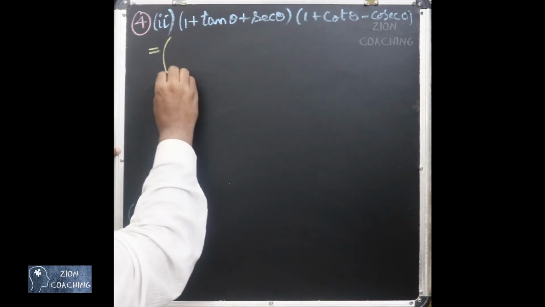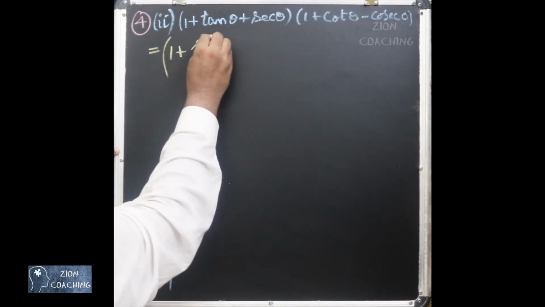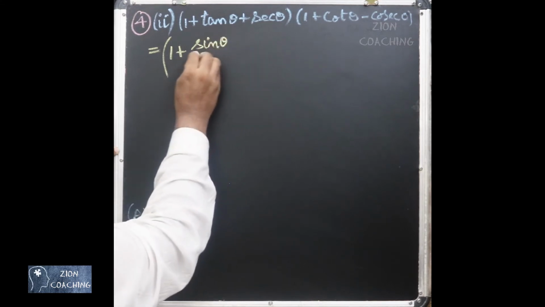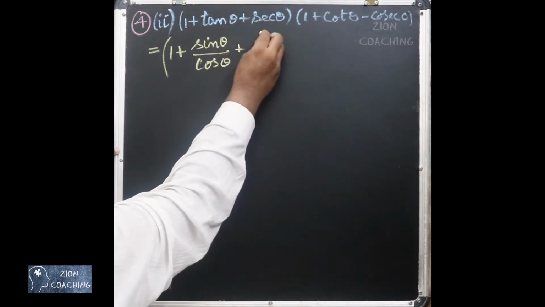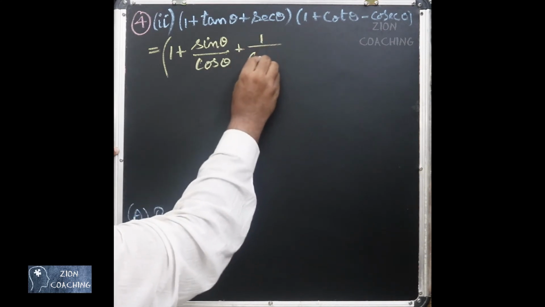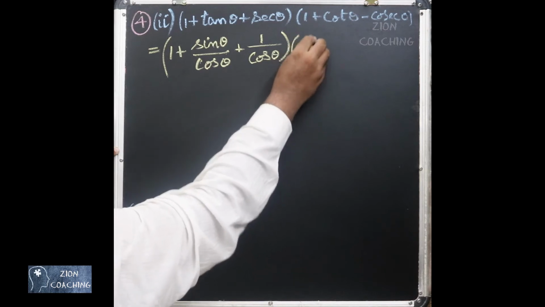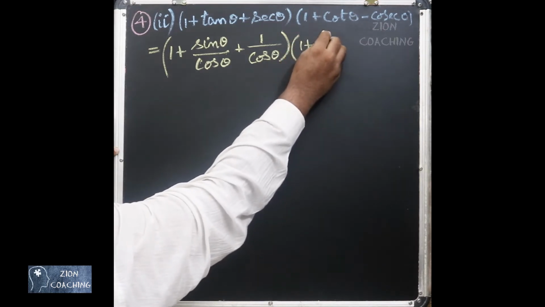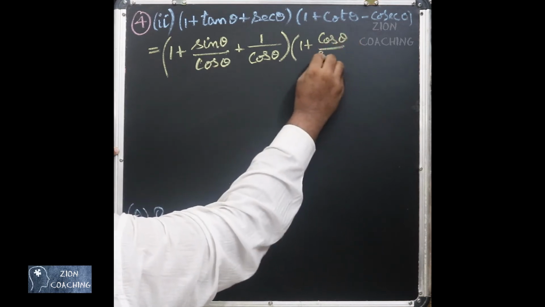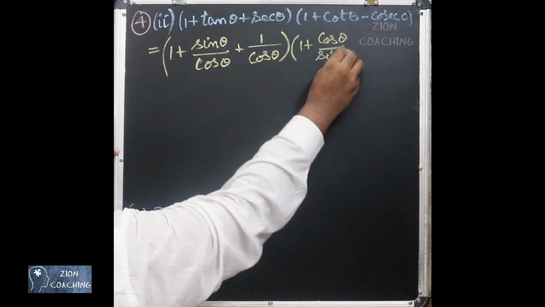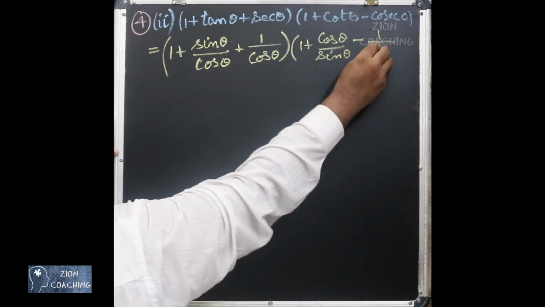Now, 1 plus tan theta can be written as 1 plus sin theta by cos theta, secant theta is the inverse of cos theta, into 1 plus cot theta, which is cos theta by sin theta, minus cosecant theta, which is the inverse of sin theta.